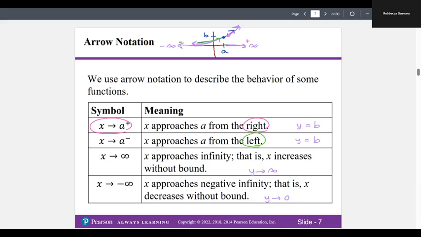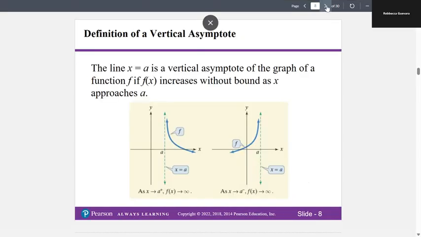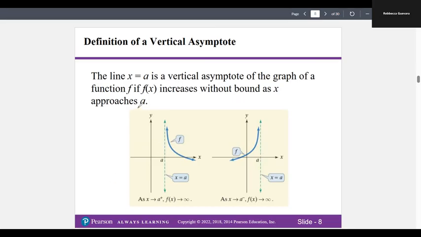Okay, so we're going to expand on this just a little bit more because we're going to move into something called asymptotes. The line x equals a is a vertical asymptote of the graph of the function f if f(x) increases without bound as x approaches a. So here's my a, and what we have is two things going on. So in this case, what we have is x is approaching a from the right, because that's where my asymptote is on this side.